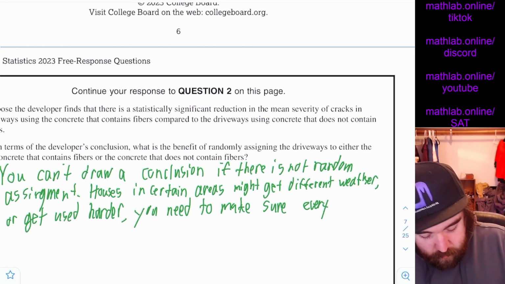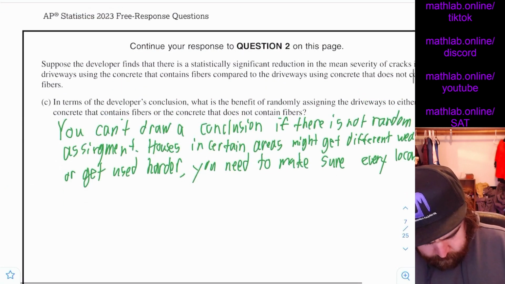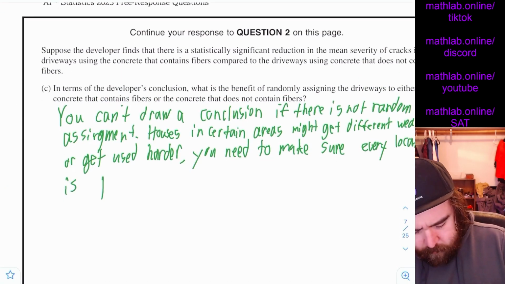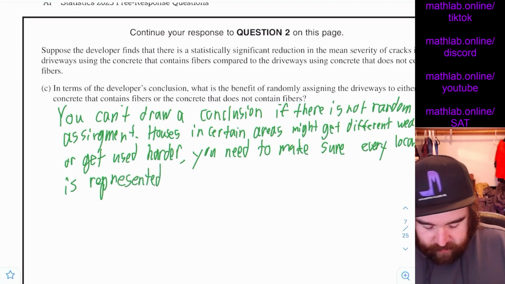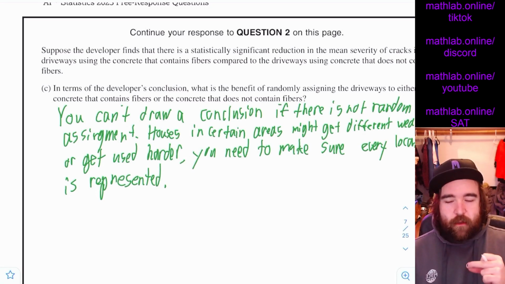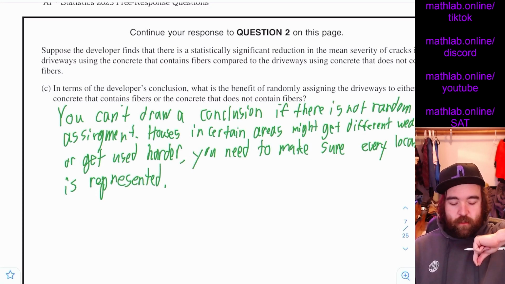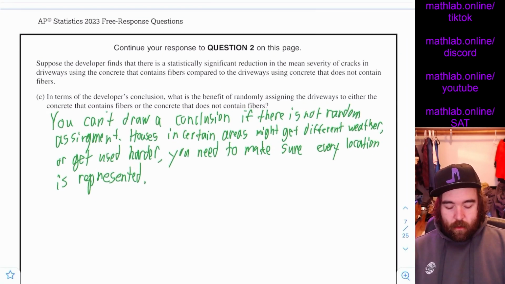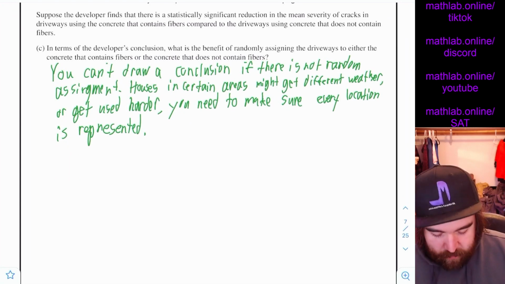Every location. Represented. So then you have to make a specific claim about if this would be higher or this would be lower. So you need to make sure every location is represented.